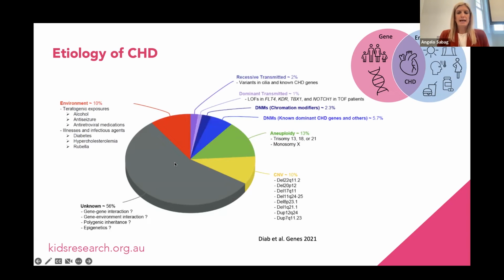However, in the last decade or so, these significant advances in genomic technologies have begun solving this unknown portion so that we're now sitting roughly at half known and half unknown. The contribution of copy number variants, aneuploidy, and environmental factors have remained largely the same. And what's really changed is this significant contribution from transmitted and de novo variants that has come through these genomic studies.